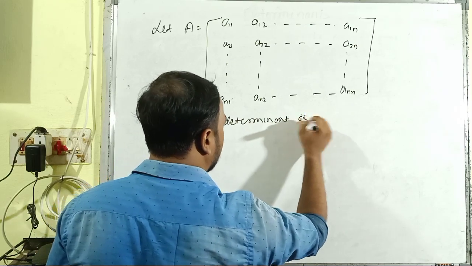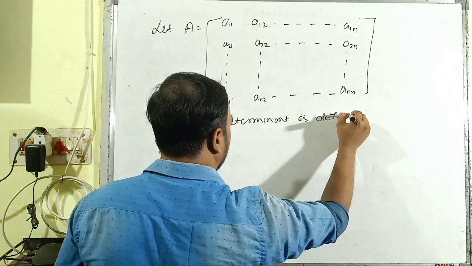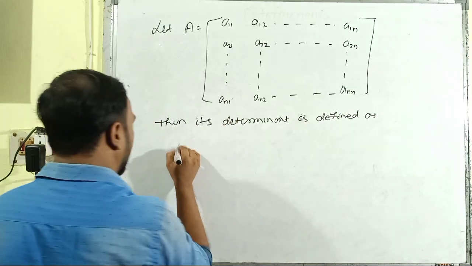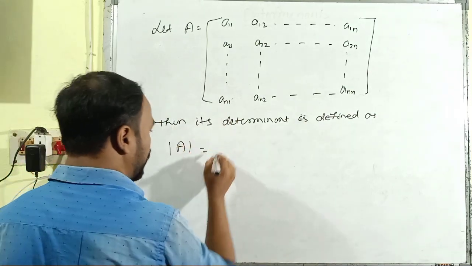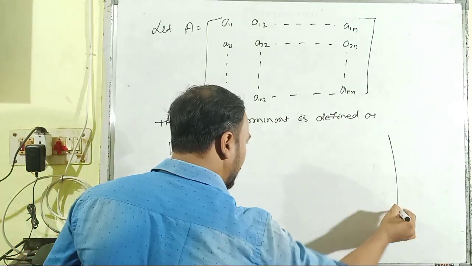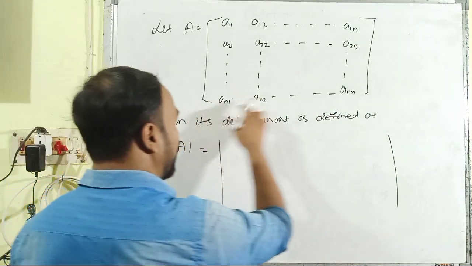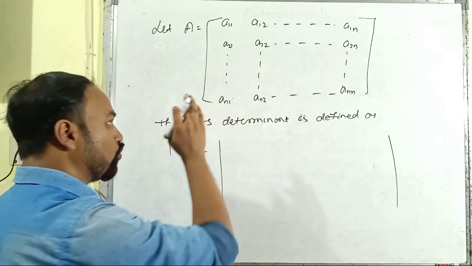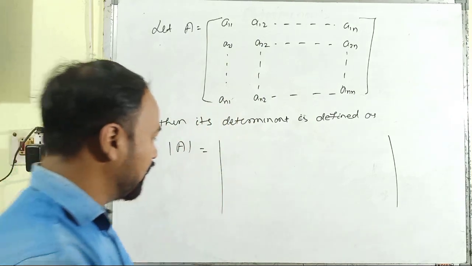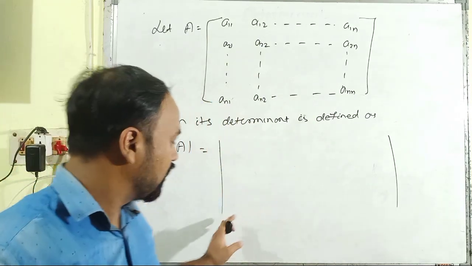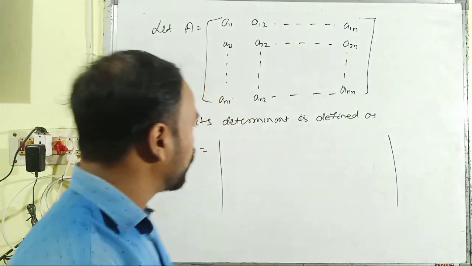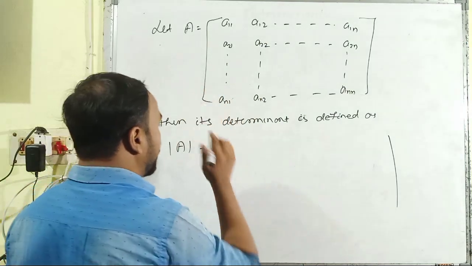is defined as: determinant of A is equal to, and this symbol is changed to this symbol, because the first expression is used to represent a matrix, and this one is used to denote a determinant.